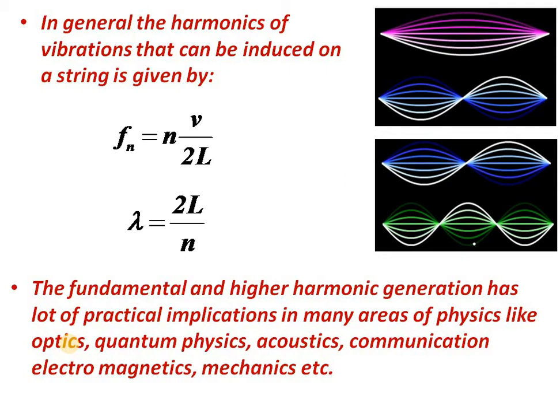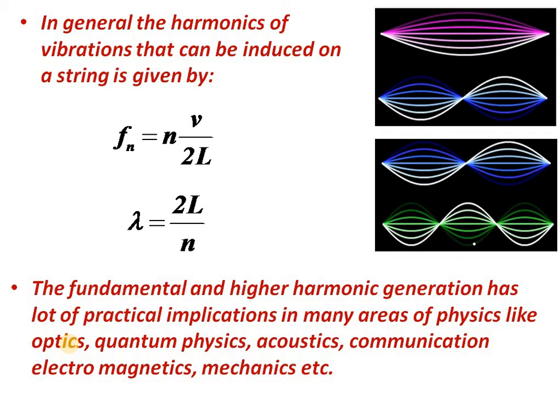That simply means that if you have a red laser, you can convert it into green, yellow or blue, depending on the type of harmonics you create. The only thing is that you need some transparent crystal materials through which you pass the laser beam to produce harmonics. Different other colors can be easily generated.